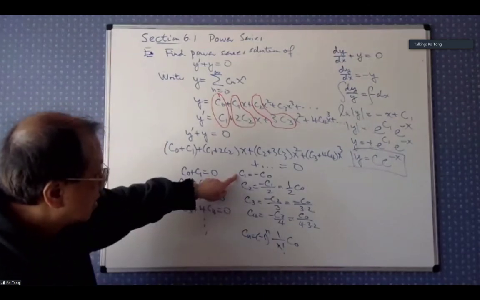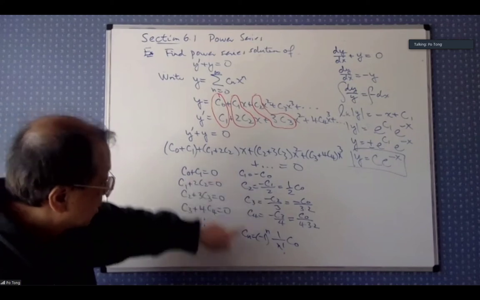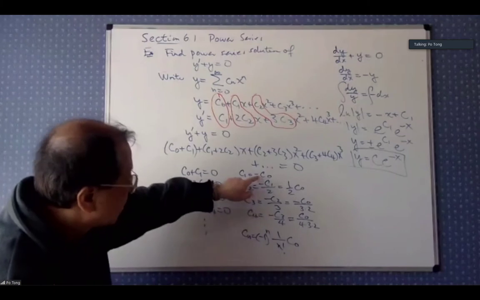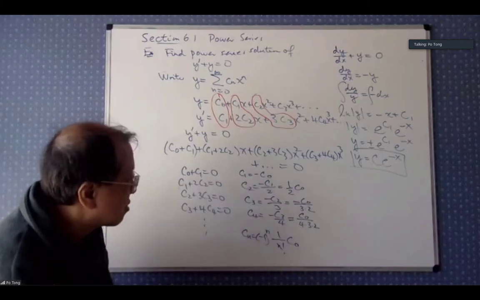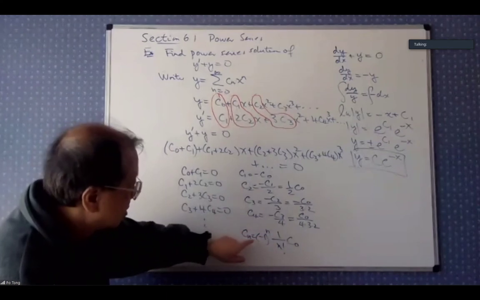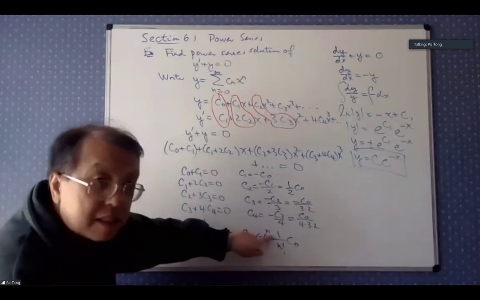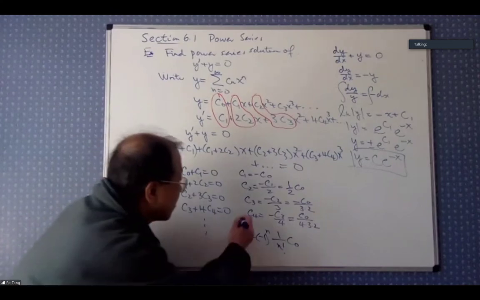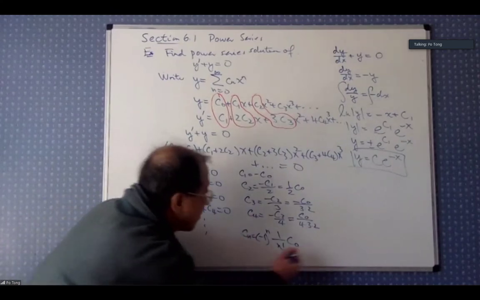C1, you put a 1 here. C1 will be negative C0. So negative 1 to the power n is correct. C2 will be positive, right? For the 2 here, minus 1 squared is positive. So this is my Cn, okay?